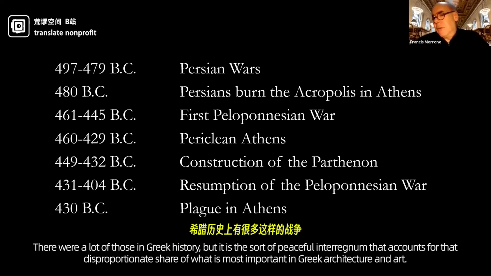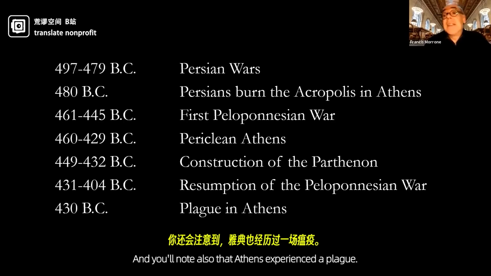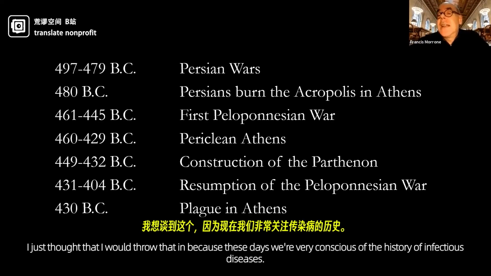There were a lot of those in Greek history, but it is the sort of peaceful interregnum that accounts for that disproportionate share of what is most important in Greek architecture and art. And you'll note also that Athens experienced a plague. I just thought that I would throw that in because these days we're very conscious of the history of infectious diseases.